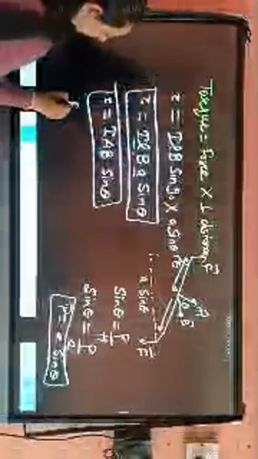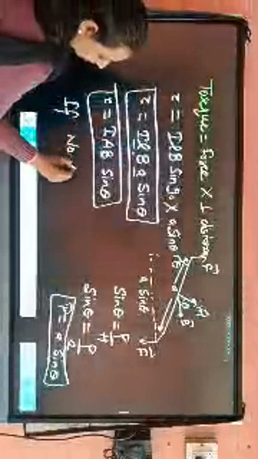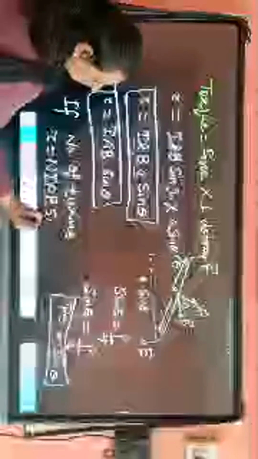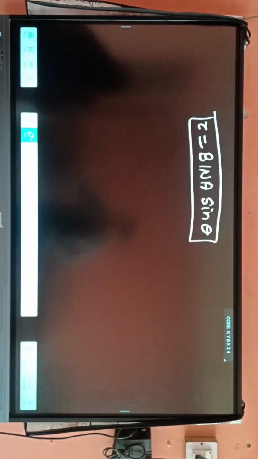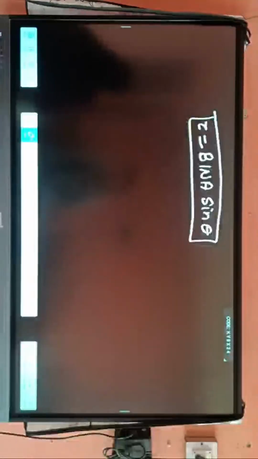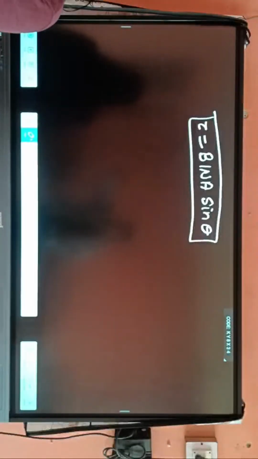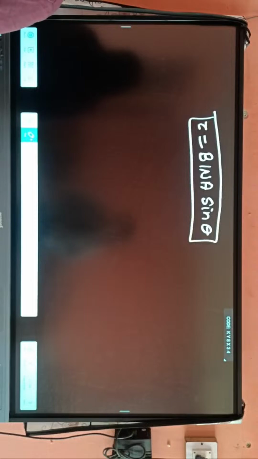ठीक है. So if we have n number of turns, right?